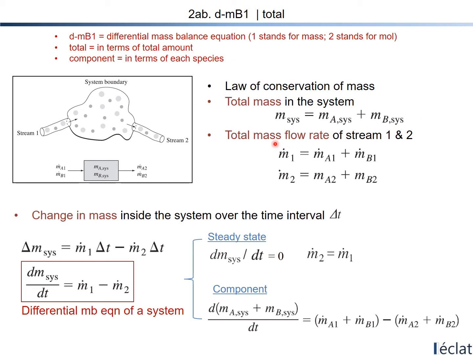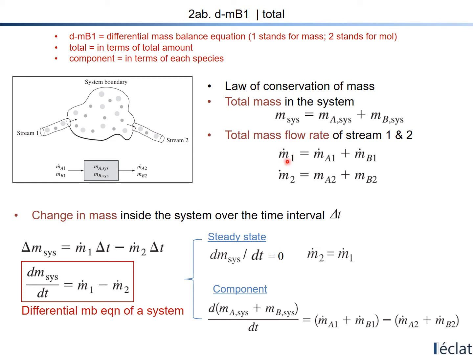Let's go to the stream variables. The total mass flow rate of streams 1 and 2 can be described by these two equations. The input, the total mass flow rate of stream 1, is equal to component A and component B, of course. You can find the dot over the m.